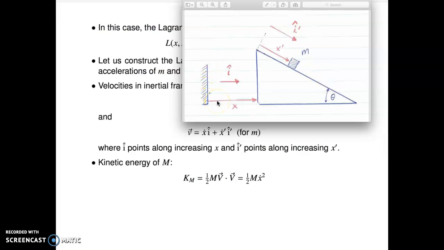So we're just adding two velocities to get the velocity of little m with respect to the inertial frame, with respect to this fixed wall. There's another unit vector here: unit vector i points in this direction, and i primed is in the rotated coordinate system. It's directed along the incline, in the direction of increasing x primed. So let's work with that.